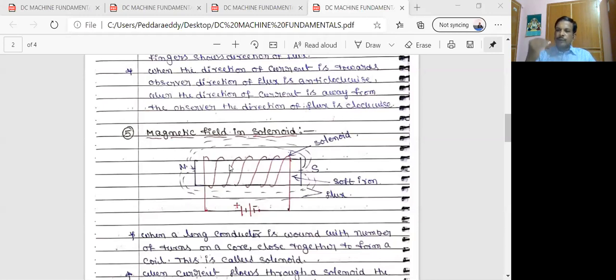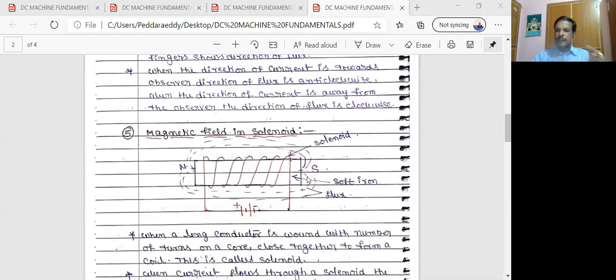So here also, the solenoid is formed with conductor. This field, when passed through the soft iron piece, magnetizes the soft iron piece.